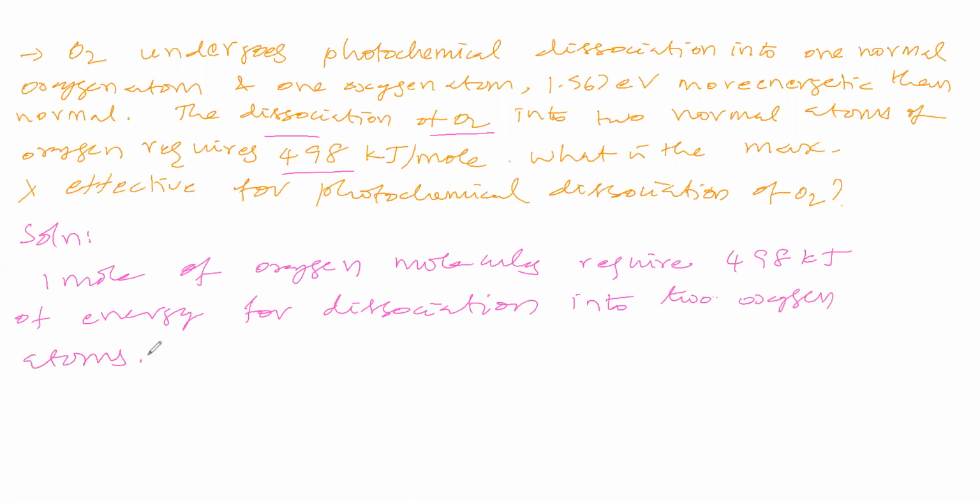Two oxygen atoms means 2 moles of oxygen atoms. So 1 mole of oxygen molecules requires 498 kilojoule of energy for dissociation into 2 moles of oxygen atoms.